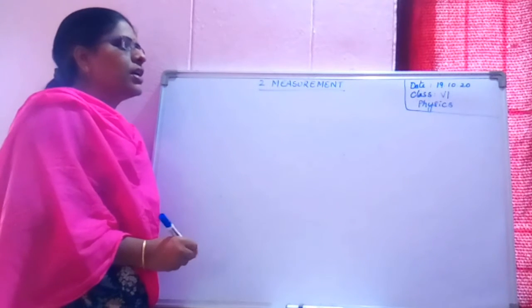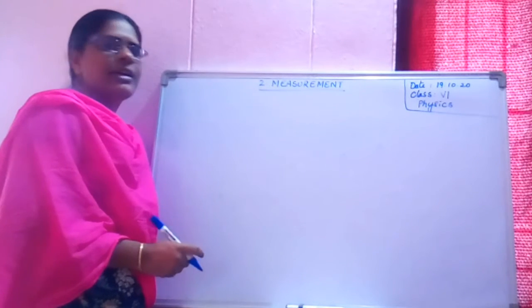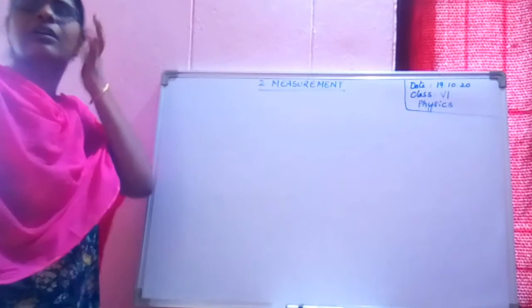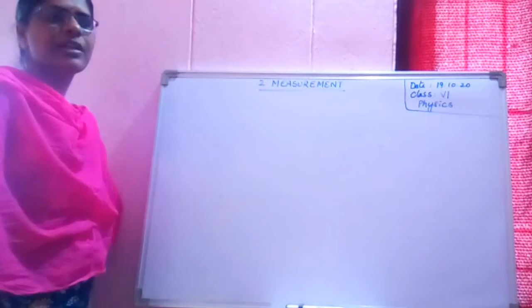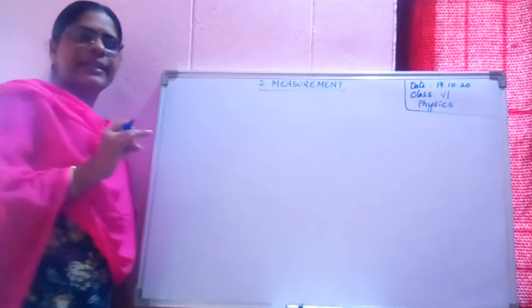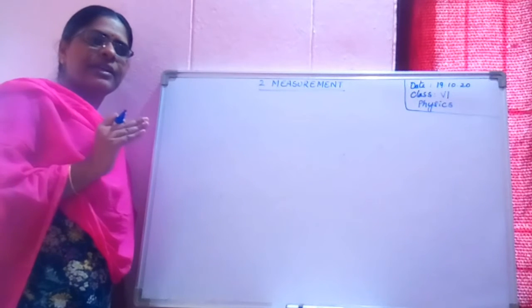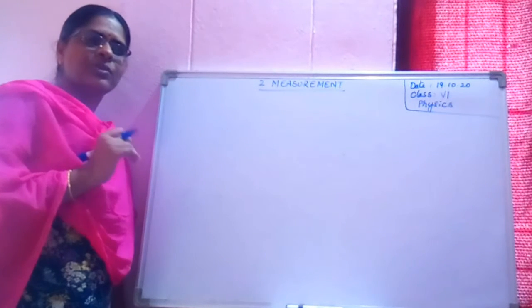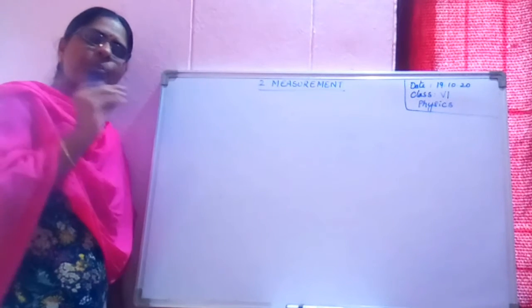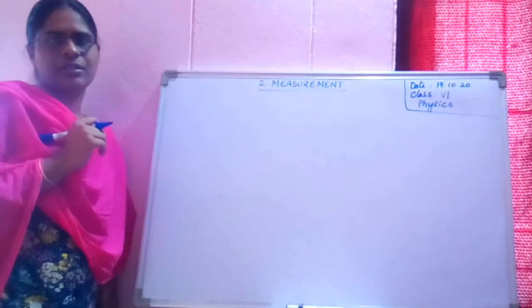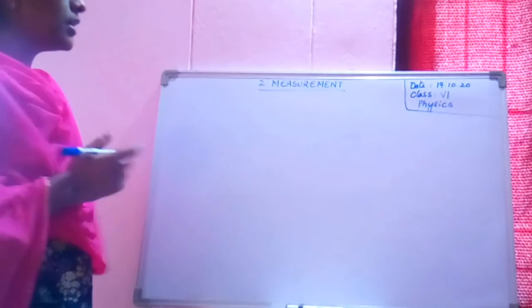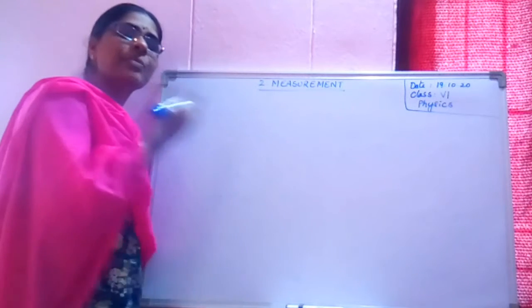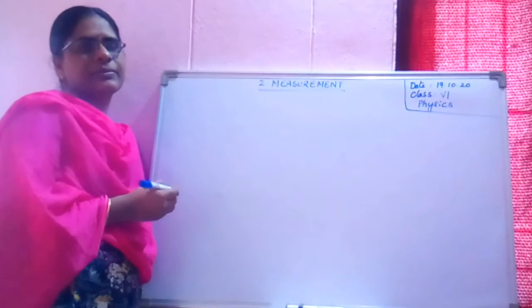Now in this chapter you will be learning how to measure length, area and volume of a cylinder and a bulb, like those structures, like those things. First we will learn what you mean by measurement.